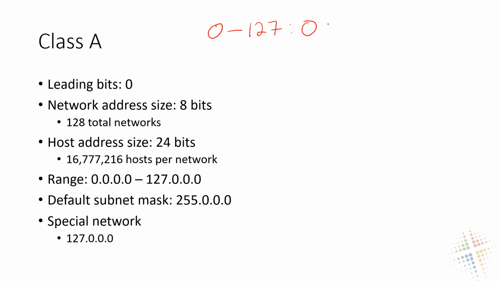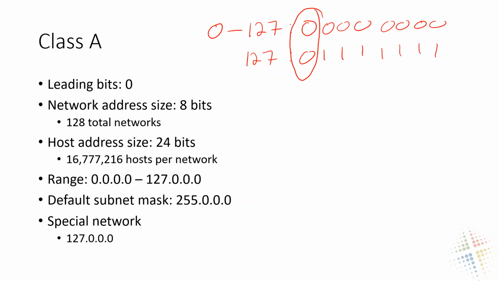So 0 is going to be 0, 0, 0, 0, 0, 0, 0, 0, and 127 is going to be 0, 1, 1, 1, 1, 1, 1, 1. So everything from 0 through 127 starts off with a 0.